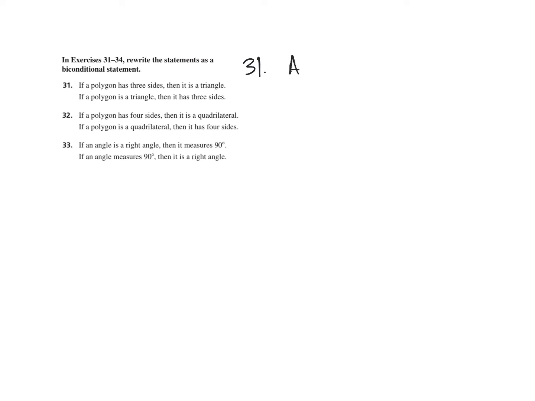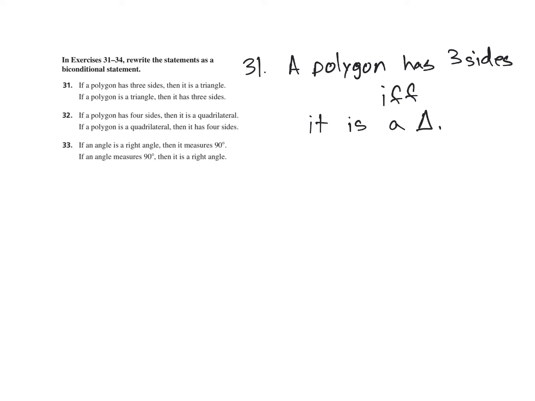So, a polygon has three sides if and only if it is a triangle. Now you can say a polygon is a triangle if and only if it has three sides. All right, so a polygon has three sides if and only if it is a triangle.